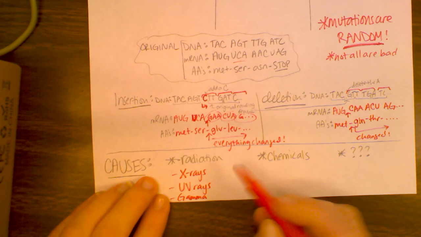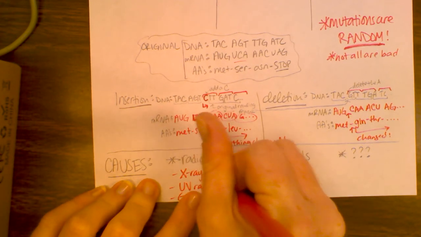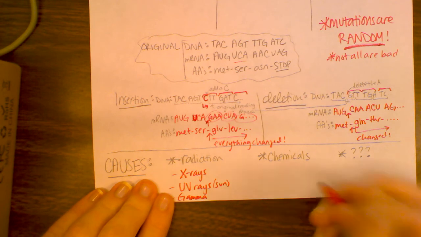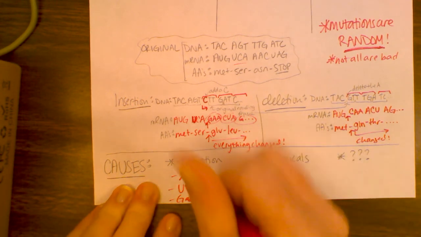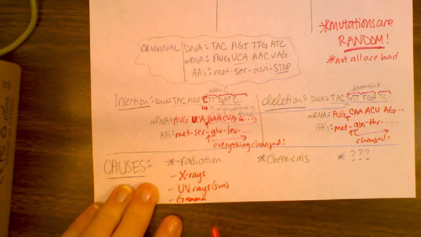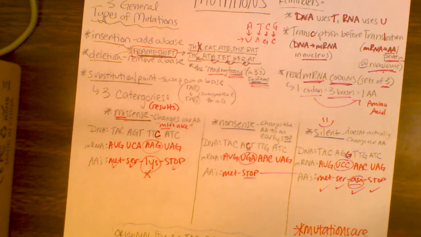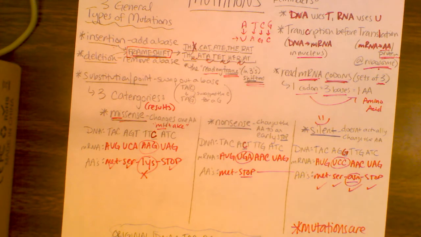So you try to protect yourself from UV rays or the sun. X-rays, you wear the big lead vest at the dentist or whatever. These things cause mutations to happen, not necessarily certain mutations, but random mutations. And you don't know what kind of mutation is going to come from that. It could be any of these.